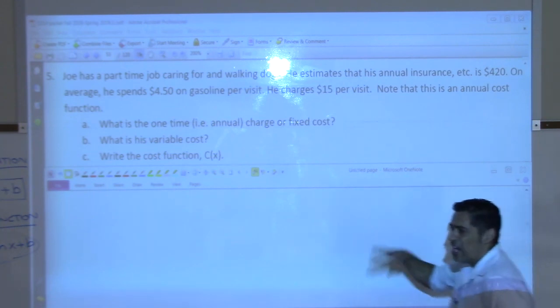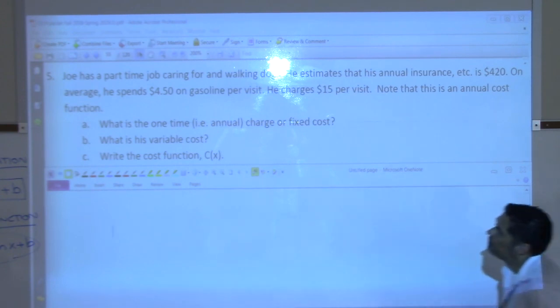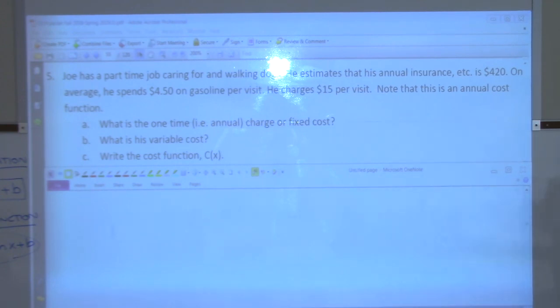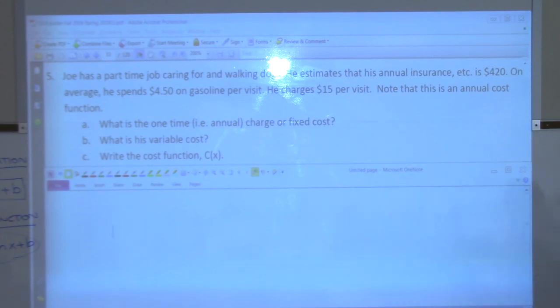What costs change? It's the 4.50 and the 15, but the 15 is what he's gaining. 4.50 is what he's spending. So by variable cost, does it mean how much he's spending for each one, or gaining? Yeah, this is a little bit confusing because it's asking us for the cost function, right?